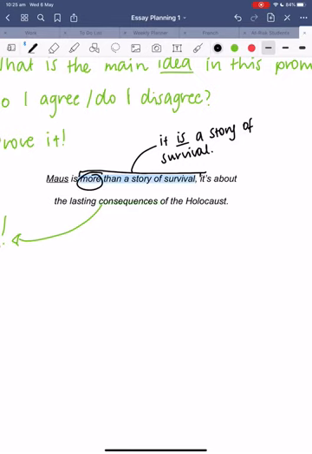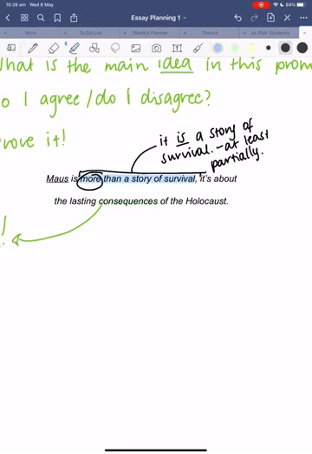So that kind of tells us automatically that it is a story of survival, at least partially, okay? So in at least some sense, it is a story of survival.